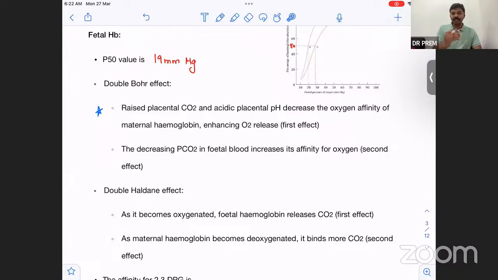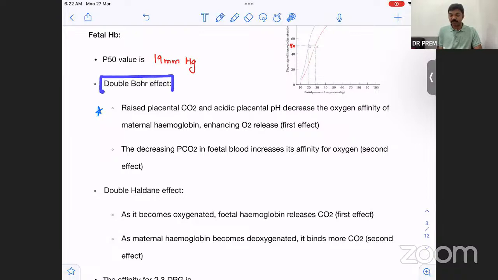You know very well, acidosis decreases the affinity and hence alkalosis should increase the affinity. So obviously in maternal blood, there is a drop in affinity. In fetal blood, there is an increase in affinity. Both these factors are brought about by acidic pH in maternal blood and alkalotic pH in fetal blood. And this effect is called double Bohr effect.